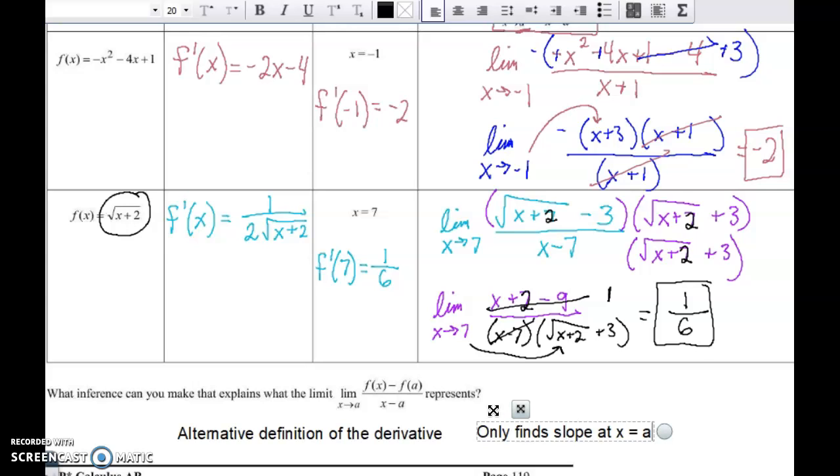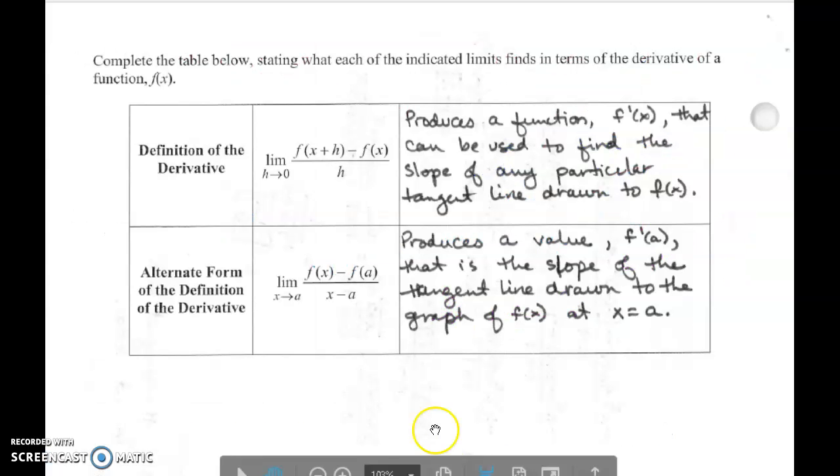So instead of going to the last slide for these notes, I just figured I would share the answer key with you, and you can pause the video and write this down.